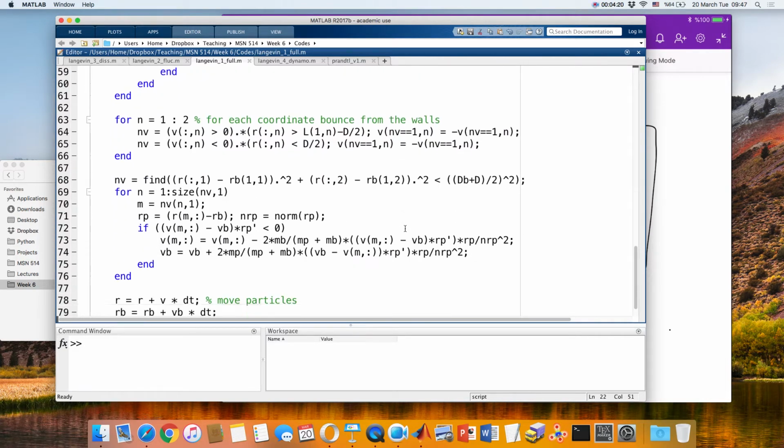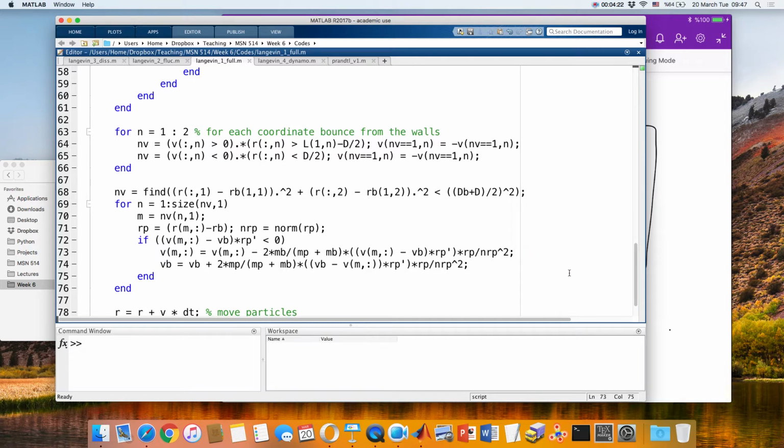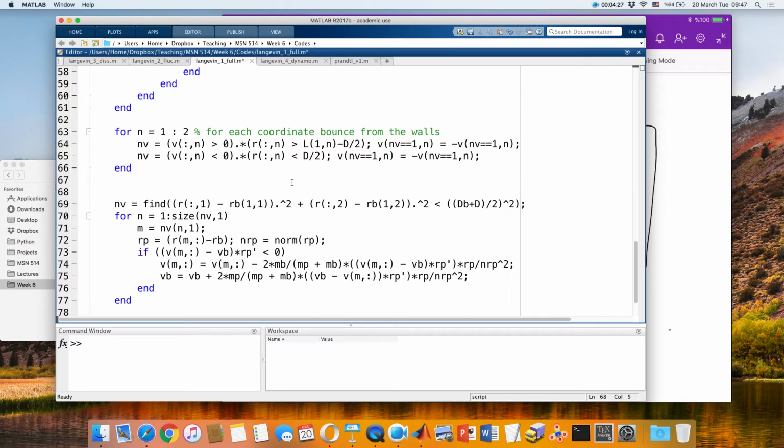So the main difference in this program is the bouncing, so let me just type this part, or in this part, particles bounce off the ball, and vice versa. So particles bounce off the balls and the ball bounces off the particles, right?